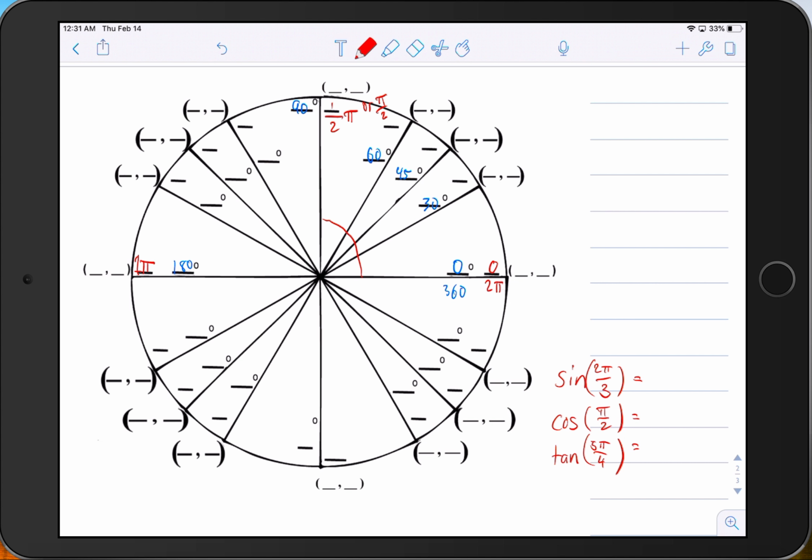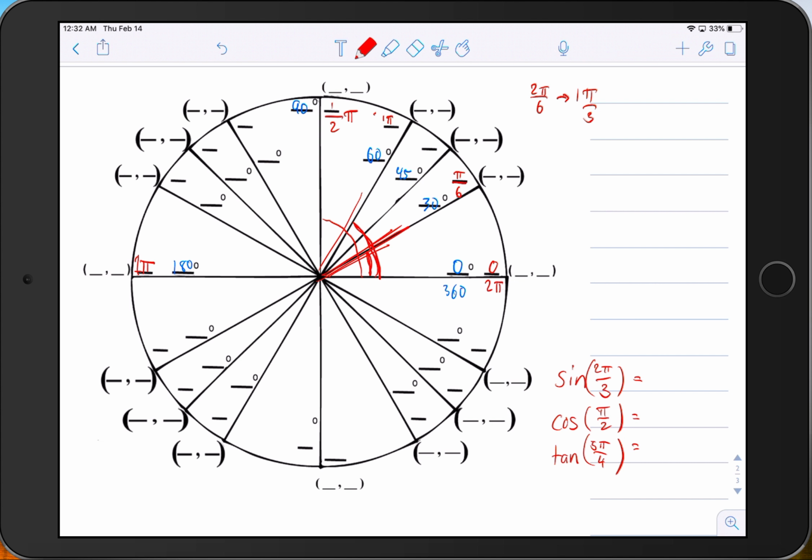Okay, so kind of like that thirds idea, what's a third of pi over 2? Pi over 6. And then if this is 1 pi over 6, one more of that slice is pi over 6 plus another pi over 6, which is 2 pi over 6, which simplifies to pi over 3 or 1 pi over 3.